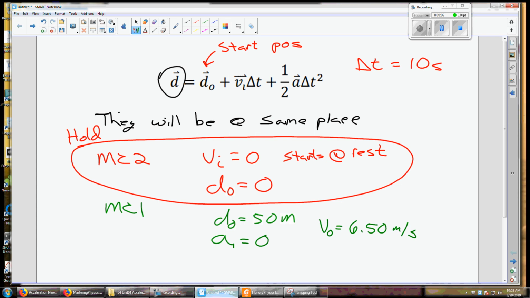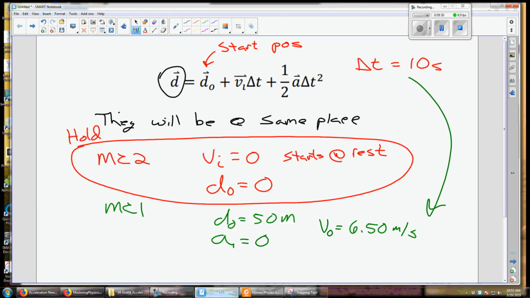Six and a half meters a second. Now I know my time is still 10. So I'm going to use this equation. I want to find D. I know D naught, for me it's 50, for motorcycle 1 it's 50 meters.